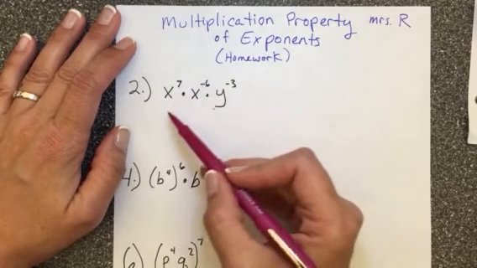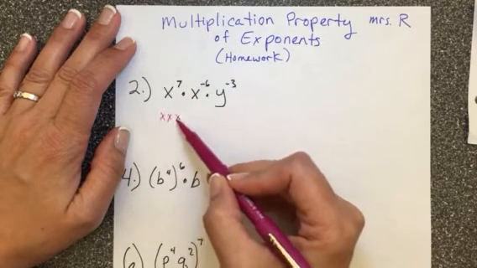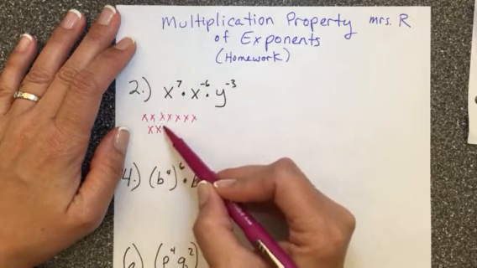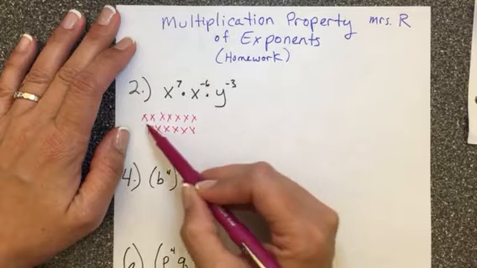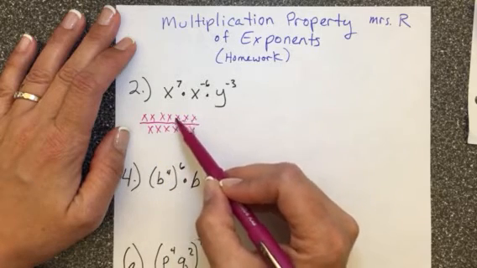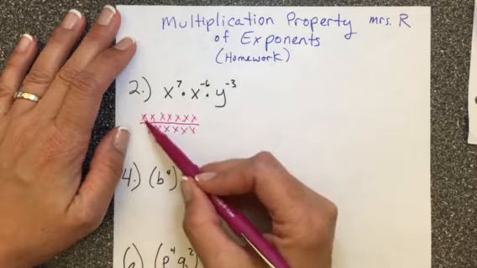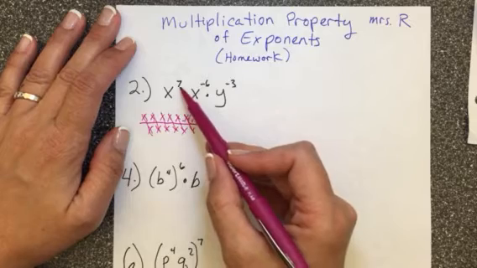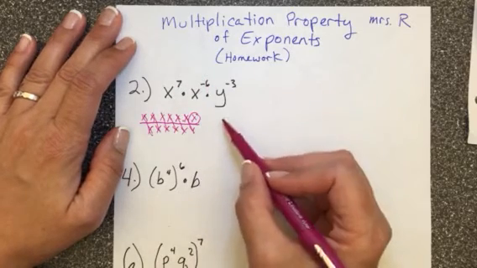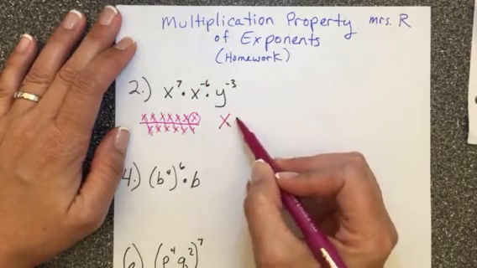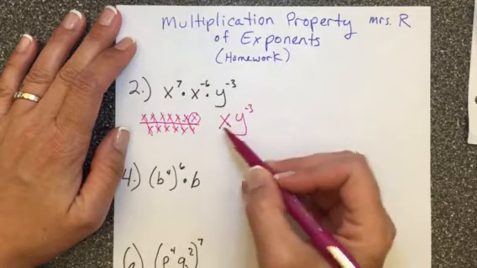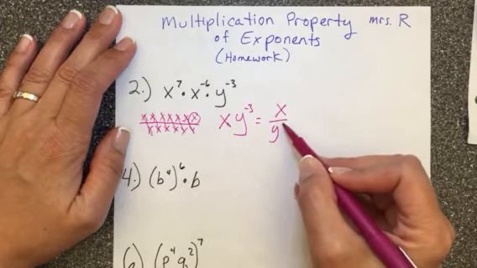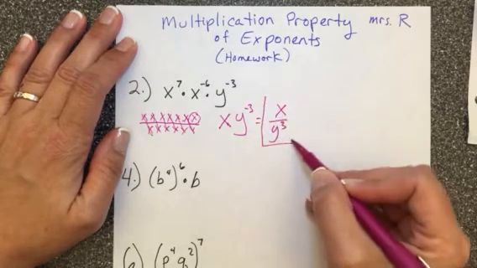I can imagine this one as being 7 x's over 6 x's, and if I were to write this out as 1, 2, 3, 4, 5, 6, 7, it's going to be 1. And I know that also because 7 minus 6 is 1. So it's just x, y to the negative 3, which I can simplify more by saying x over y to the 3. And that's my answer, box my answer.